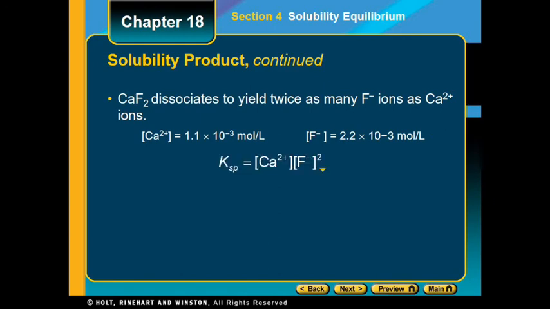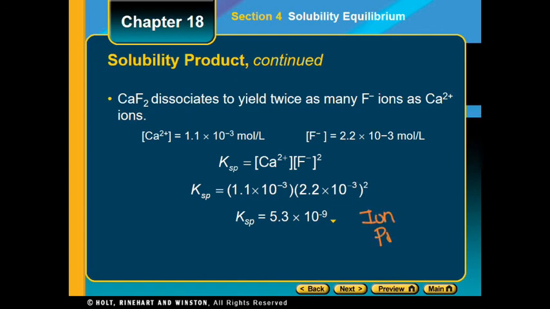We're going to plug those values into this expression. So again, you do see a 2 here that's raised to that exponent because that is the coefficient that we had. Plug it in, you do your math, you get 5.3 times 10 to the negative 9. And this right here is the ion product of our solution that we have.